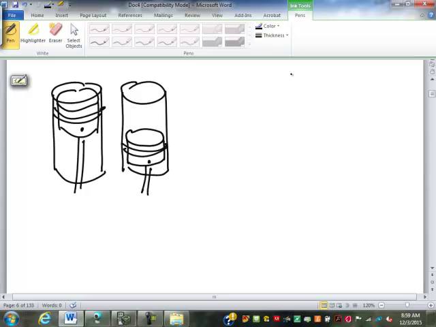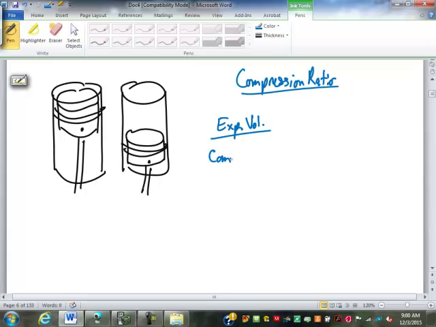Yeah, a little bit. Obviously, these are cylinders. We're going to talk about a compression ratio. Don't know how good a compression this one is going to have, but compression ratio in an ideal cylinder with no major leaks is the expanded volume over the compressed volume.